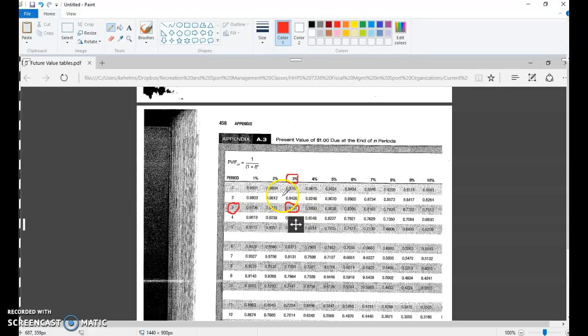And all we do is we take that 17,000 and we just multiply it by that 0.9151, and we get 15,556.70.